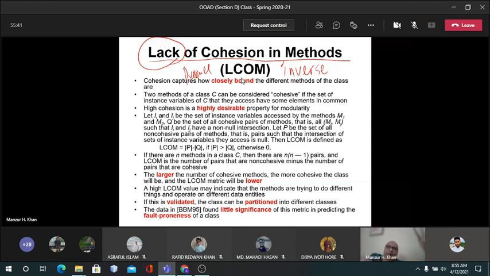So that's why it is an inverse matrix. It does not actually calculate presence of cohesion. The value it gives us shows us lack of cohesion, which we do not want. That is why the desirable value of LCOM is 0. That means your design does not lack cohesion.